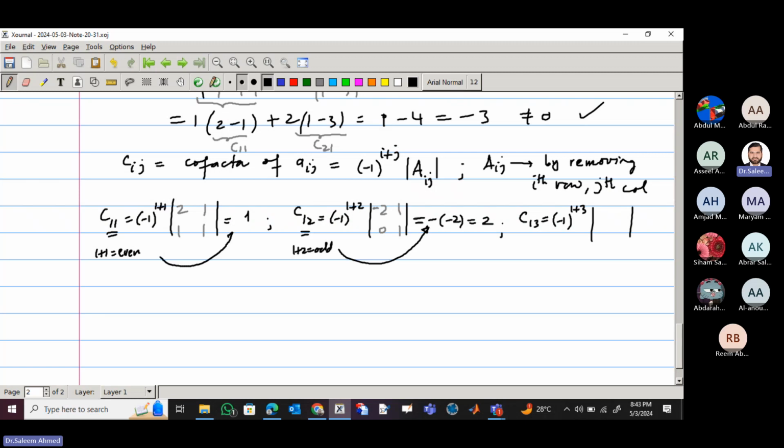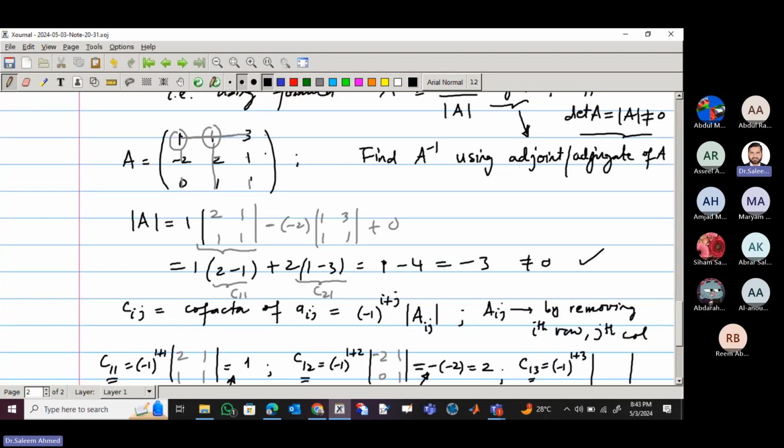Even gives you plus sign. That's how you remember. But C13 means first row, third column is gone now, right? So you got minus 2, 2, 0, 1. That's how you complete it.